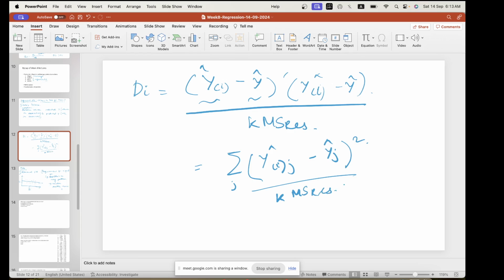Okay, so if di is much larger than other, then we can say that the ith observation is influential. All right.